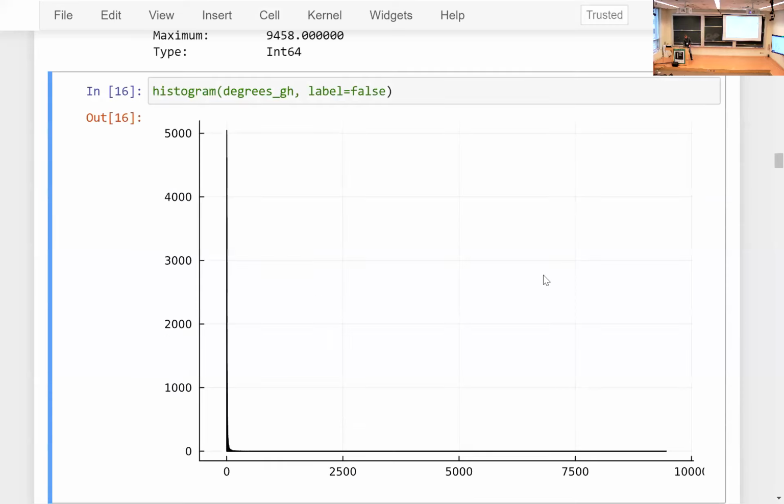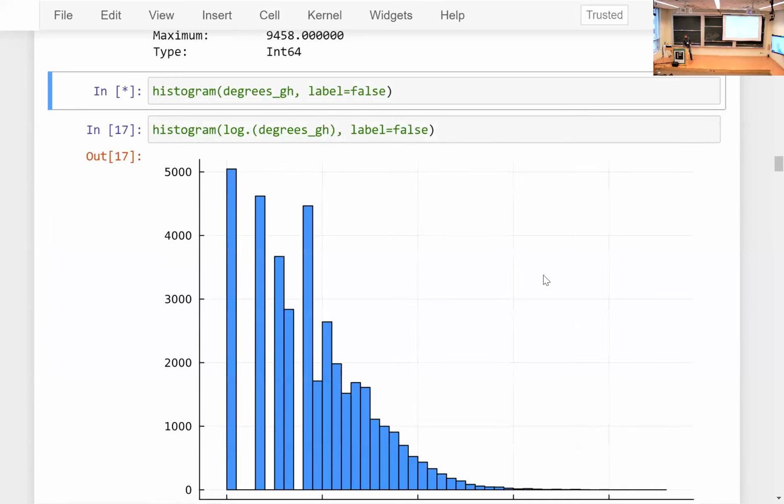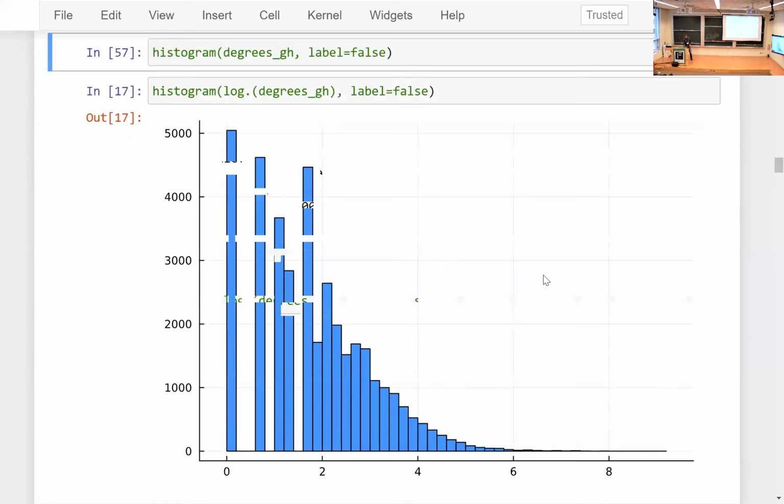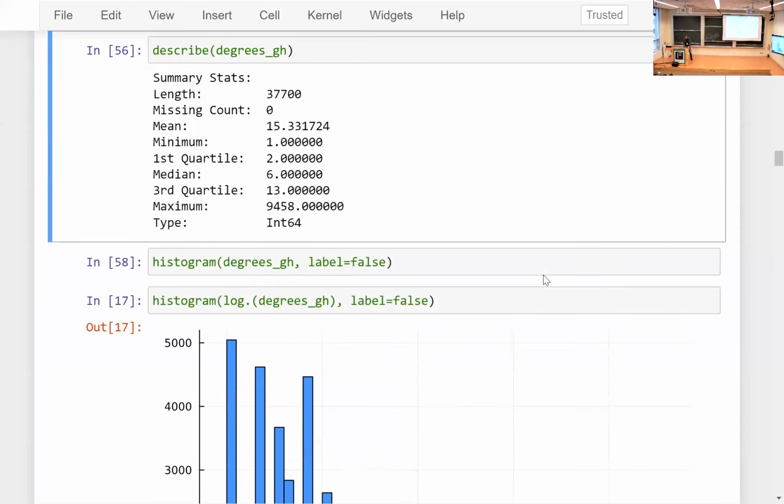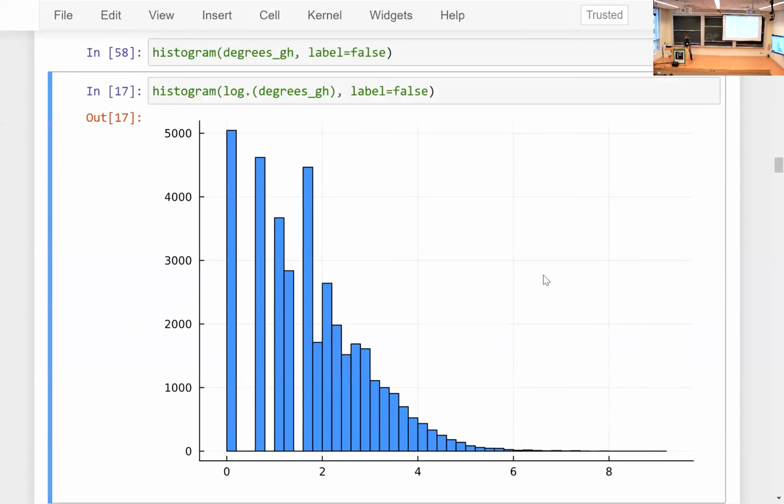We can look at a histogram, without changing anything. I don't know why it's not showing, but in general, it's very skewed. Even after taking logarithm, we have almost all nodes of low degree, and we have a very long tail.